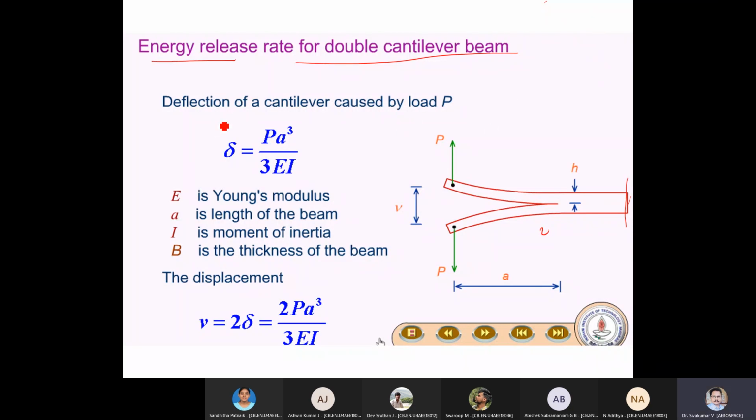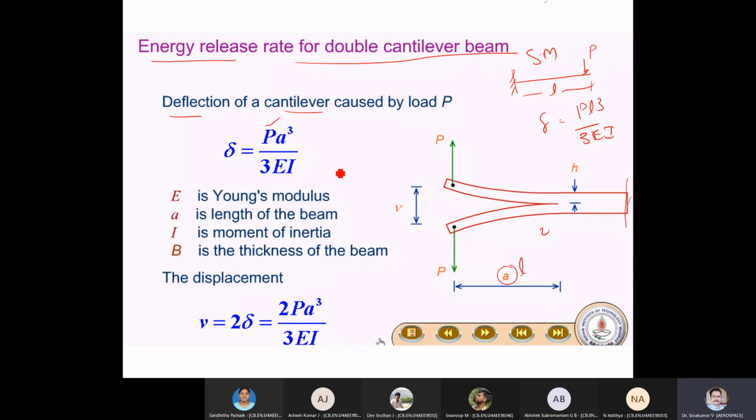So let us try with this one. What is the deflection of a cantilever beam? Simply, I have a beam, P is acting, L is the length. What is the deflection? Delta is PL cube by 3EI. This is the strength of materials approach.